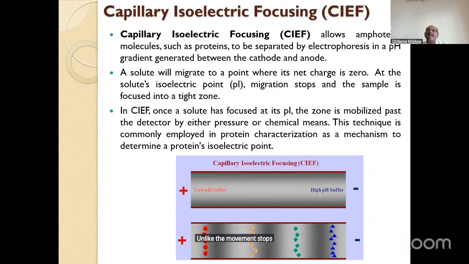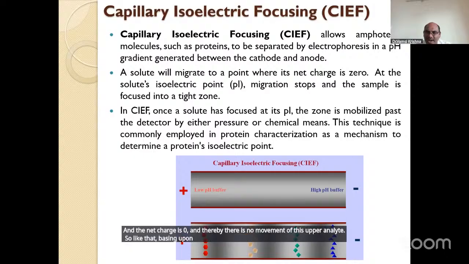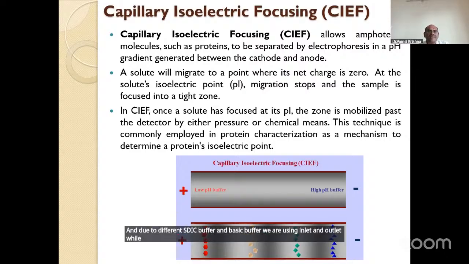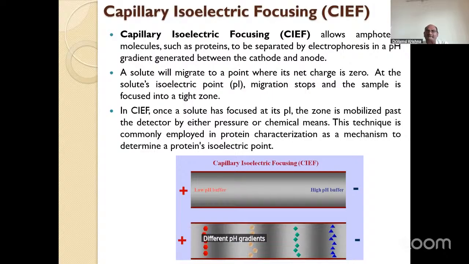For that analyte, movement stops and the net charge is zero, so there is no further movement of the analyte. Based on the isoelectric points of your analytes, and due to the acidic buffer and basic buffer we are using in the inlet and outlet vials, when you apply a voltage a pH gradient is established along the capillary.